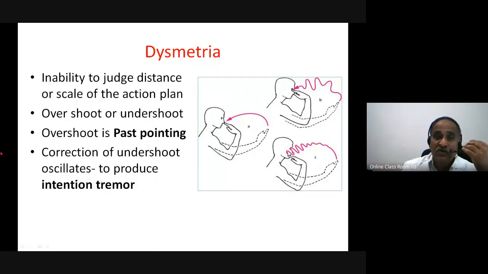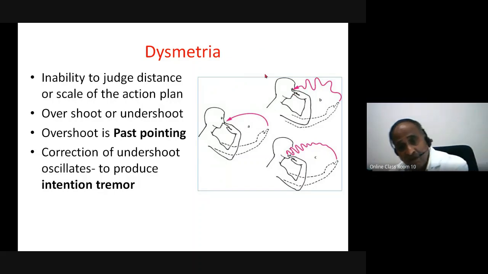Such correction is known as an intention tremor or action tremor. So that means at the end of the action, when he has to terminate it, he cannot reach the precise point. That is intention tremor. Now, past pointing and intention tremor are almost the same thing. It is because of the overshoot and undershoot mechanisms.